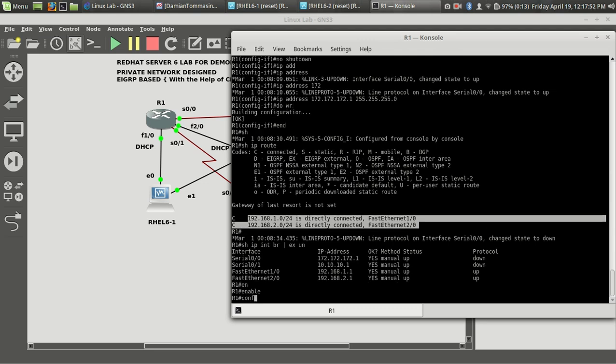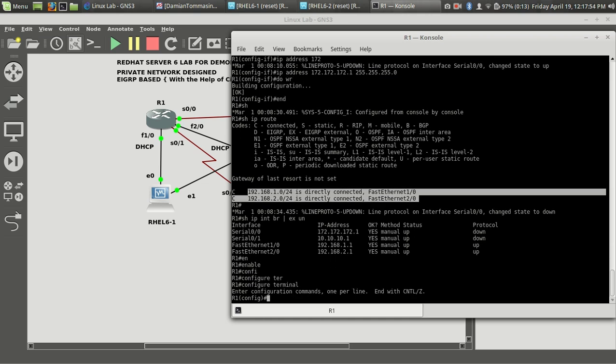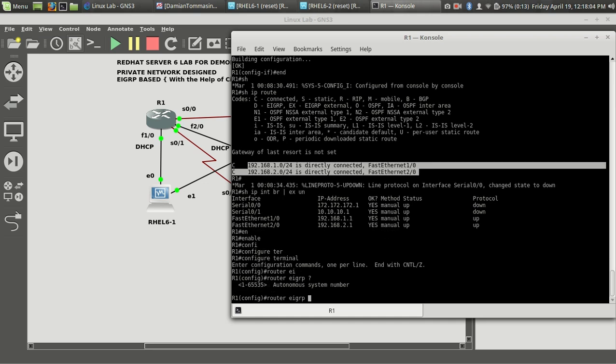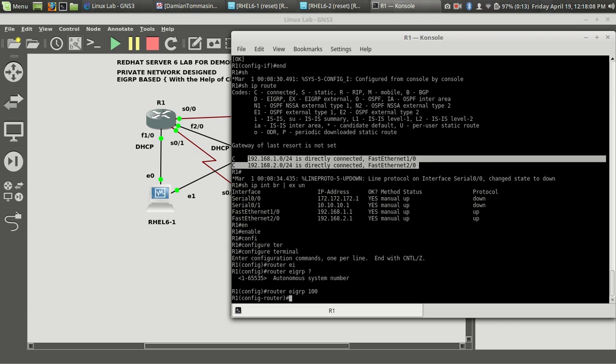So my next topic is configuring the protocol. For configuring the protocol I am using the command router EIGRP. There is a number, the AS number, whichever you want. That means the company's number allotted from IANA.